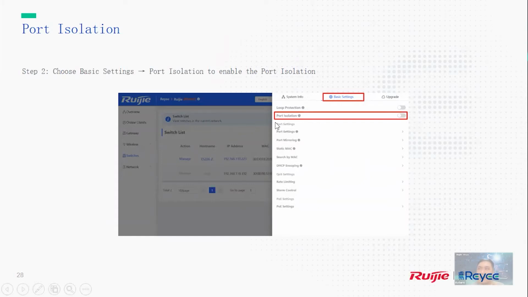You cannot select which port you want to isolate. But on the MPS, you can select which ports to turn port isolation on. Because for the ELV switches, we design all the LAN ports to have port isolation on, since they are mostly used by CCTV cameras. Only the uplink will not have port isolation turned on.